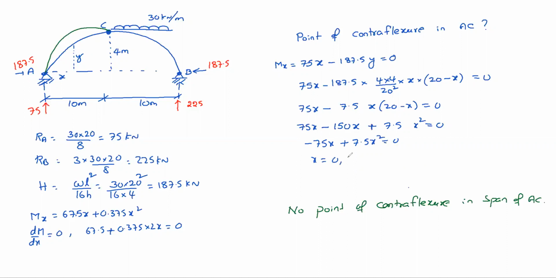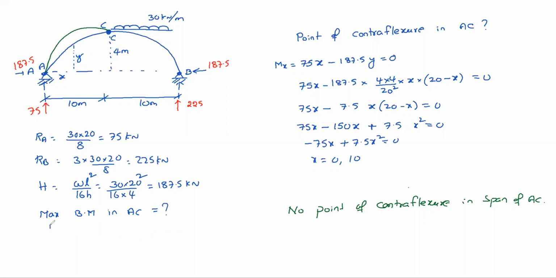X equals either 0 or 10 meters. That's why there is no point of contraflexion. So M at x is here. Now, how to find the maximum bending moment? Finding the maximum bending moment in the AC span.